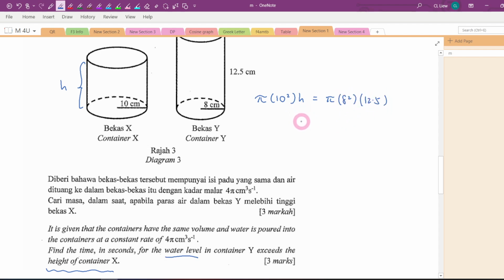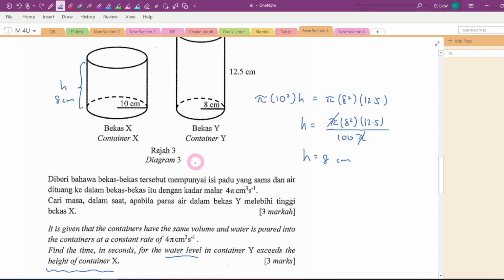Okay, let me find the height first. This is 100 pi. Okay, just press your calculator. You can cancel the pi. 64 times 12.5, then divided by 100 is equal to 8 centimeters. Okay, now we know here is 8 centimeters.